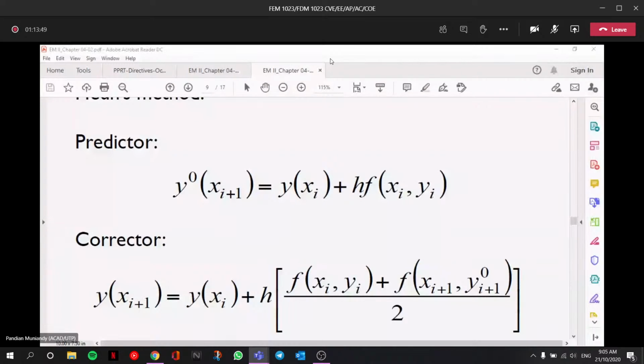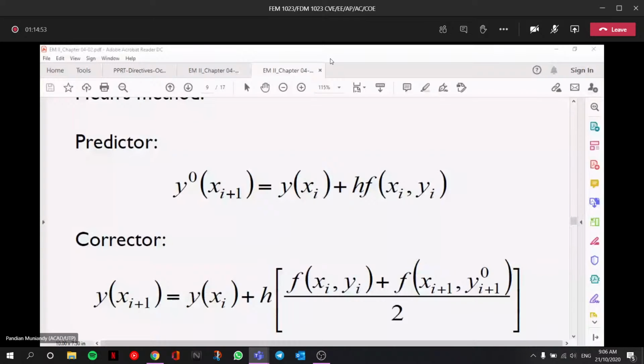So at x1 equals 1.1, y1 is 1. Plus h is 0.1, multiplied by f(1,1). x1 multiplied by root 1 is 1. So f(1,1) is 1.